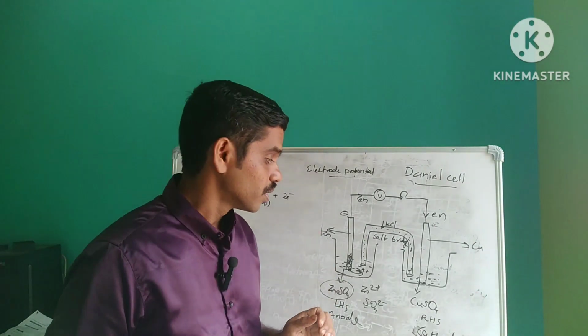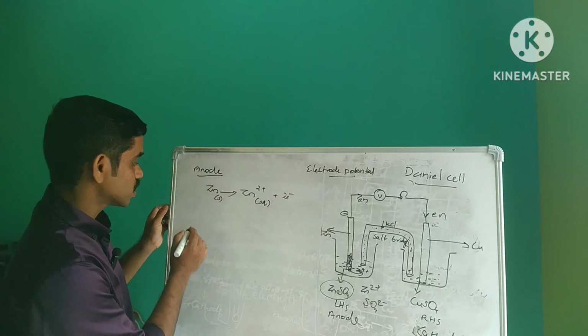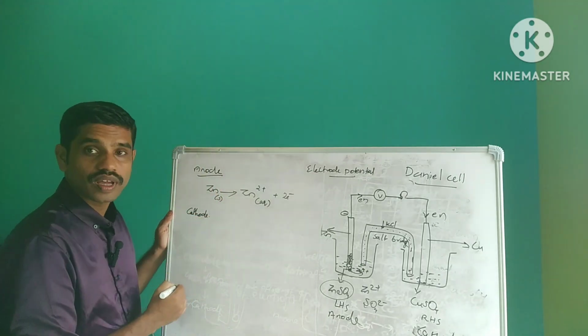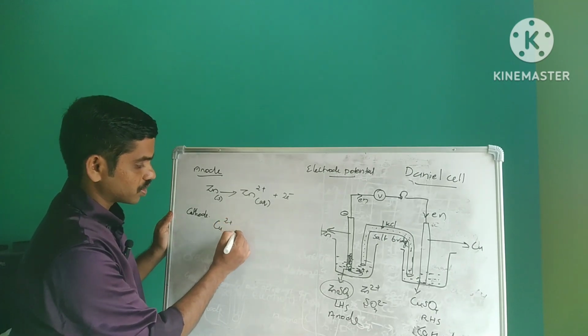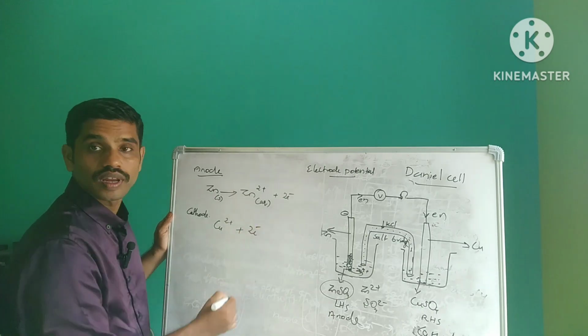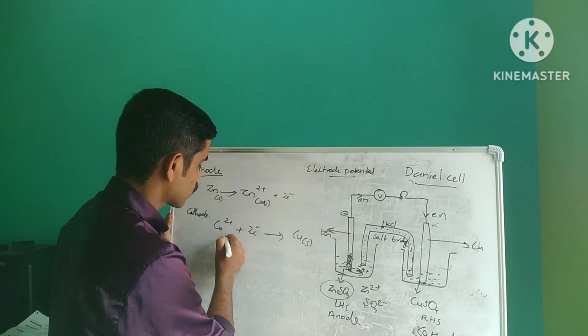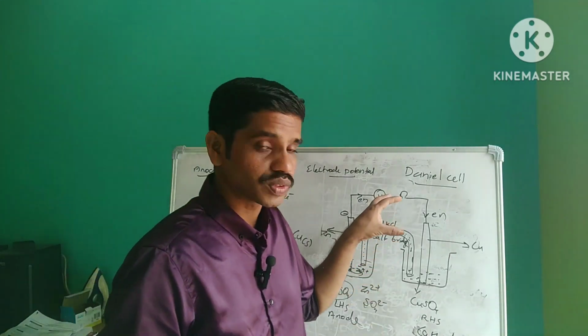Understood? Okay. Then in the cathode, what reaction? We discussed the cathode. In the cathode, a reduction: Cu2+ will accept 2 electrons to form copper atoms. So Cu2+ in the aqueous solution, just the opposite process.